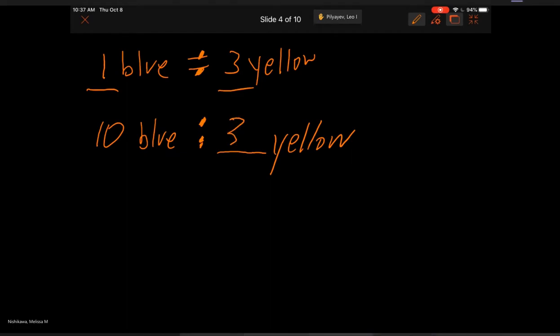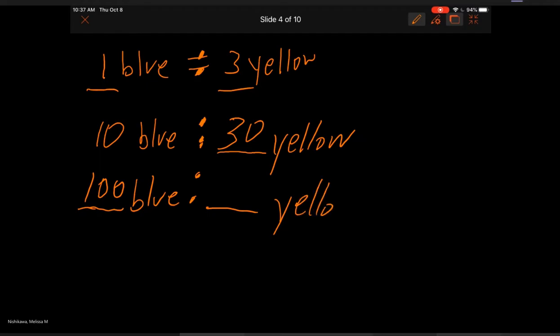Correct. I would need 30 yellow. So by knowing how many yellow I need for every 1 blue, I can solve many of these. For instance, if I know I have, let's say, 100 blue, it would take you a really long time to draw a number line for 100 milliliters of blue water to yellow water.